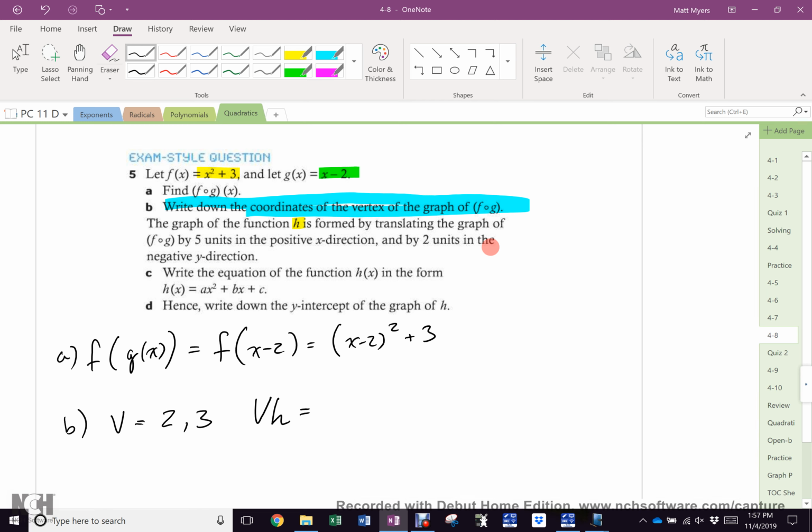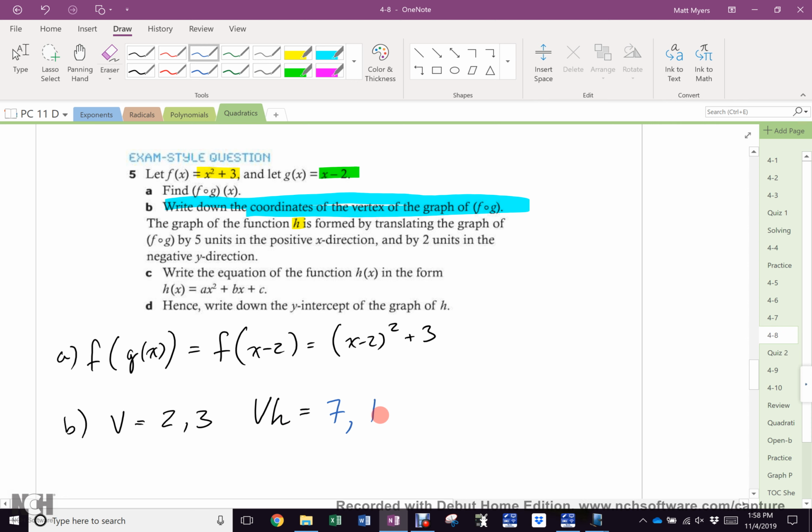What's important in that sentence? Right. So this vertex is going to move 5 in the positive x direction. So what is my new vertex going to be? 7 and 1.